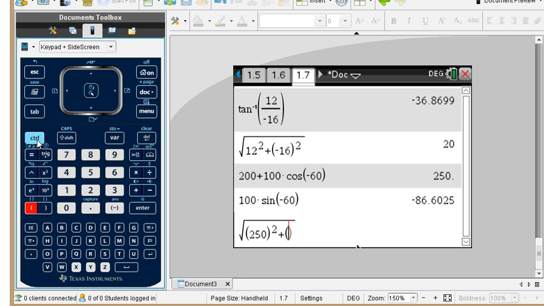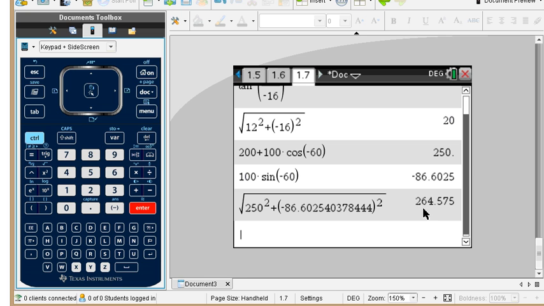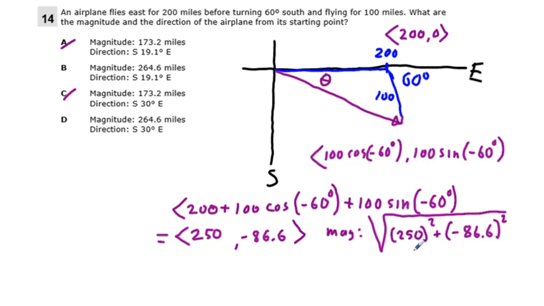For this, I'm just going to put Control A&S to give us the last thing calculated. And we get 264.6, it looks like. And so, yeah, that's going to be either answer choice D or B. And we're just going to have to check between these two.